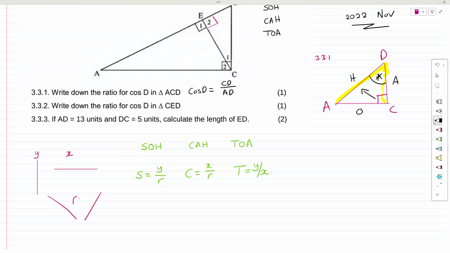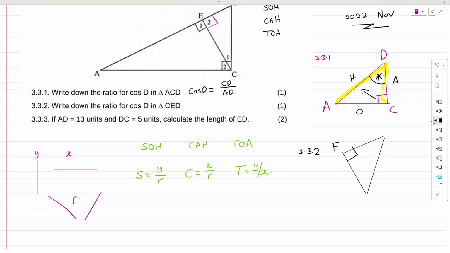Now, the next one, 3.3.2. Guys, this y, r, x thing is easy to use as well, depending on where the angle is, but also if you're drawing. But for now, it's fine. C, D, and E. So my triangle looks like that.